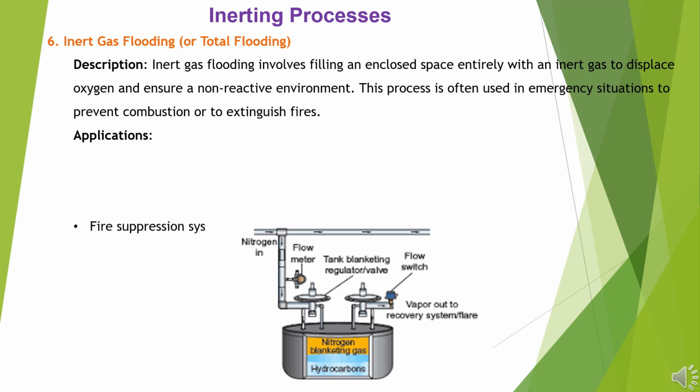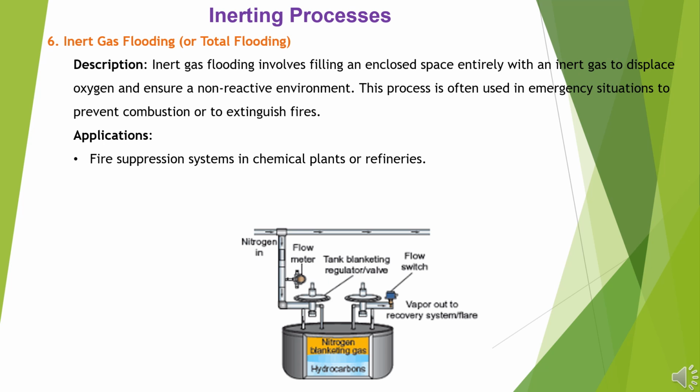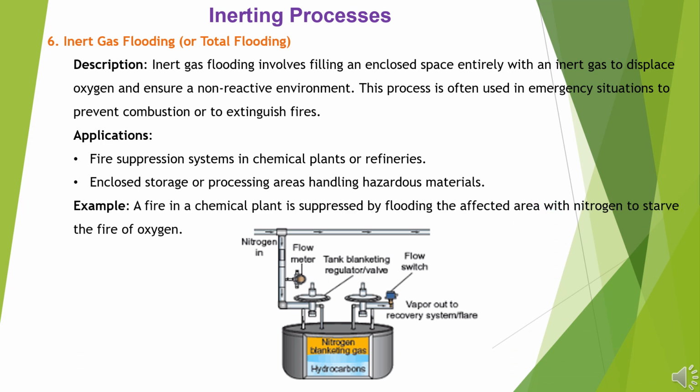Applications: fire suppression systems in chemical plants or refineries. Enclosed storage or processing areas handling hazardous materials. Example: a fire in a chemical plant is suppressed by flooding the affected area with nitrogen to starve the fire of oxygen.